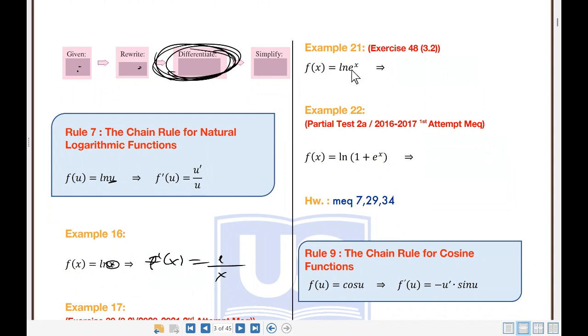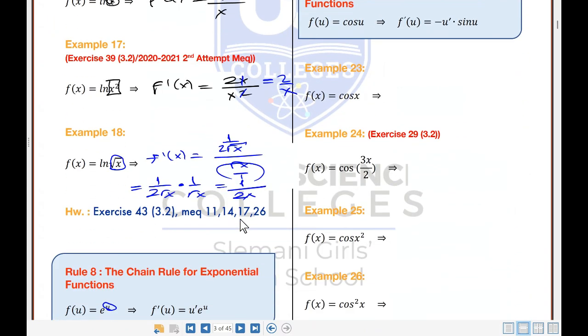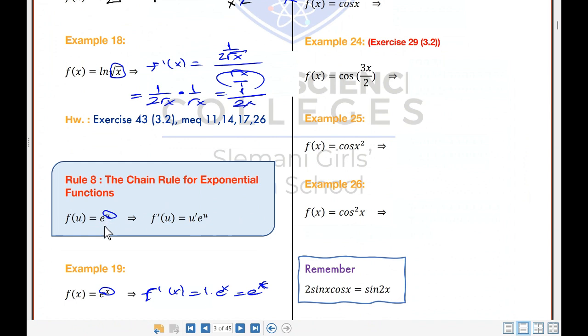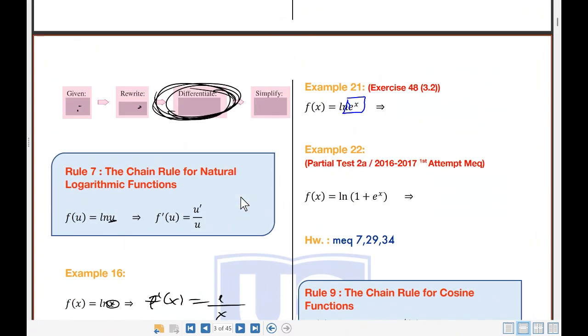Okay, here we have natural logarithmic function. Inside the natural logarithmic function, we have exponential function. Nothing changes. You just apply the rule, whatever you know about ln. We just learned that it's derivative of the angle divided by itself. So, what is derivative of the angle? What is derivative of e to the x? Derivative of exponential functions is derivative of the power multiplied by itself.